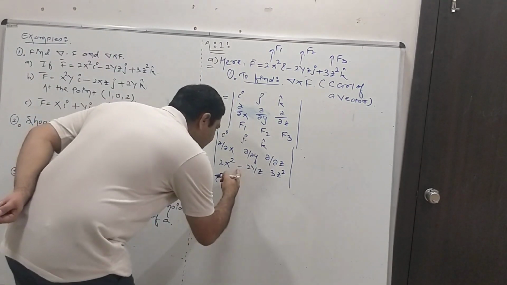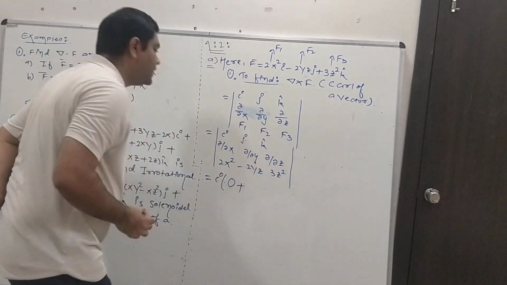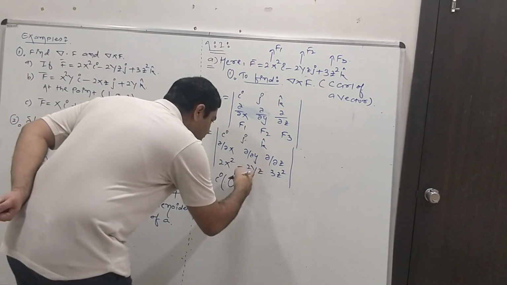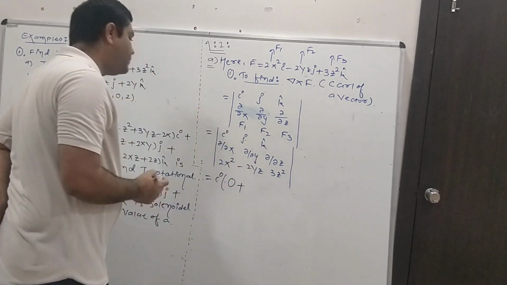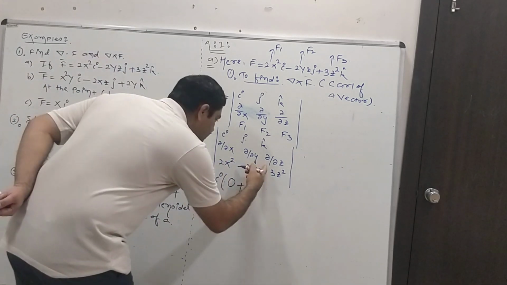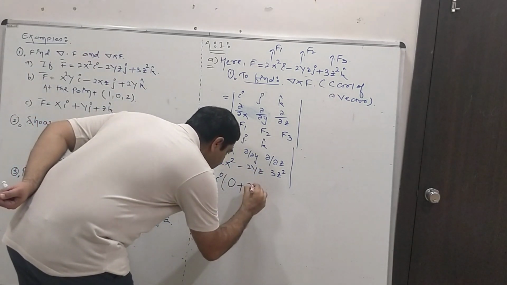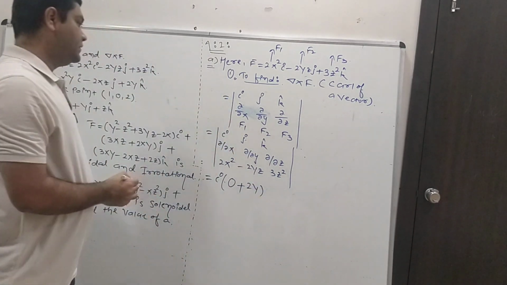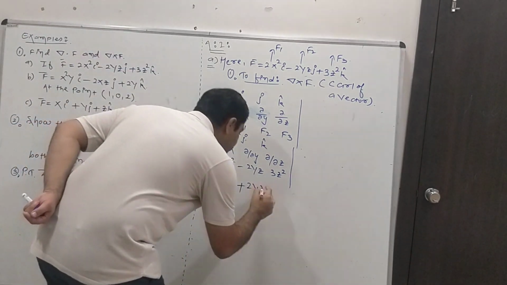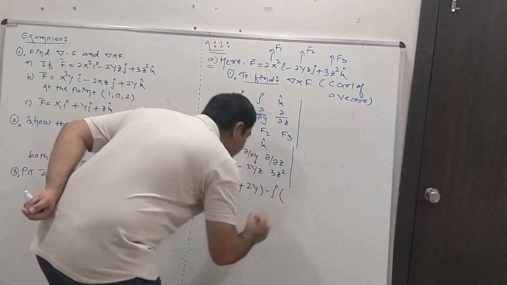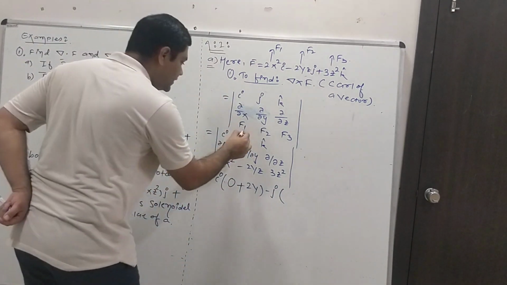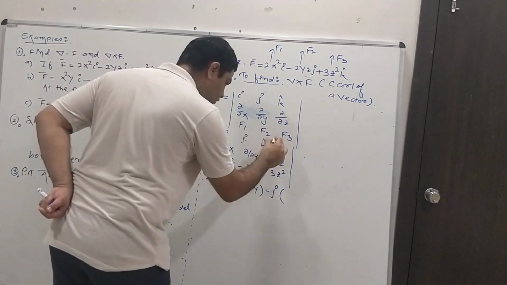Now minus minus plus sign. You have to take the partial derivative of this function with respect to z. With respect to z, z gives 1. The remaining is 2y, students. Then minus j in the bracket. Forget the second column, first row, students.